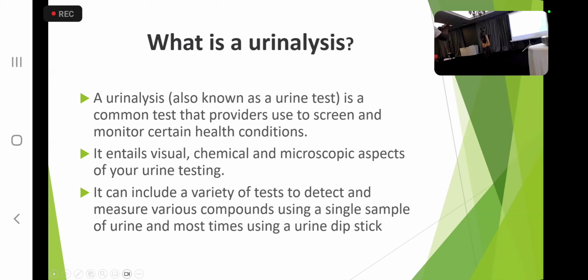It includes visual, chemical and microscopic aspects of your urine testing. It can also include a variety of tests to detect and measure various compounds using a single sample of urine, and most times using a urine detector.